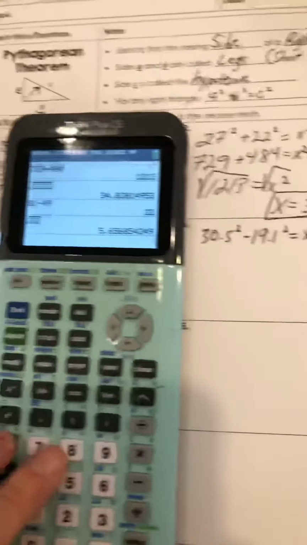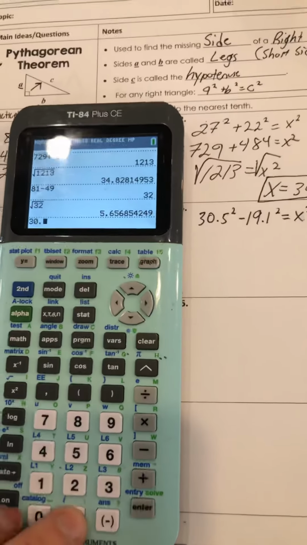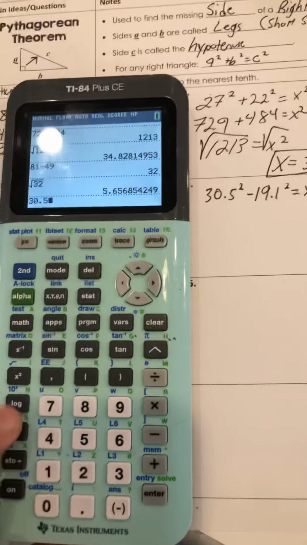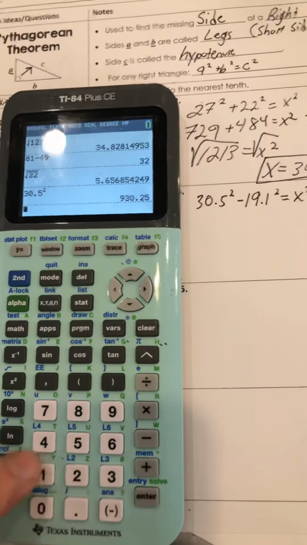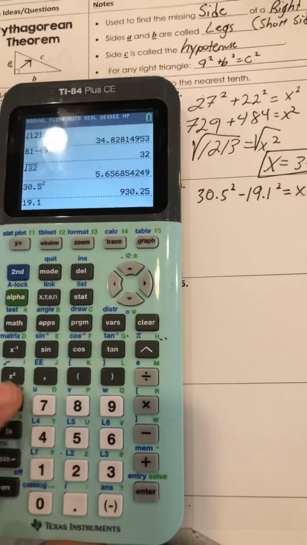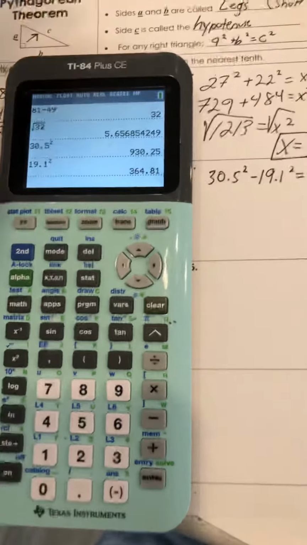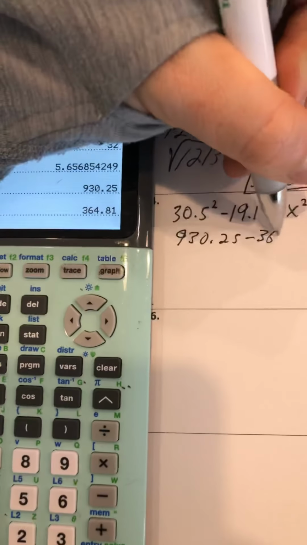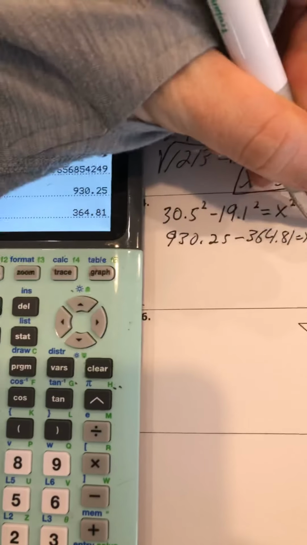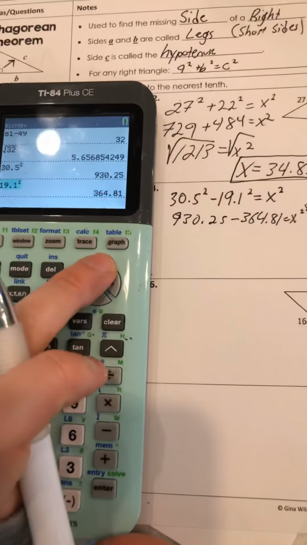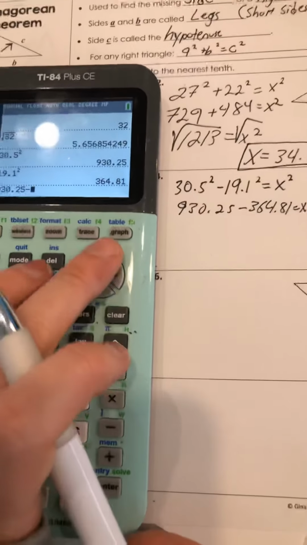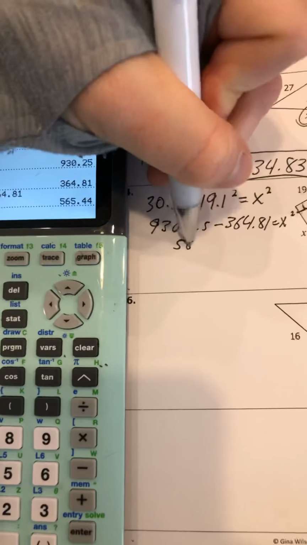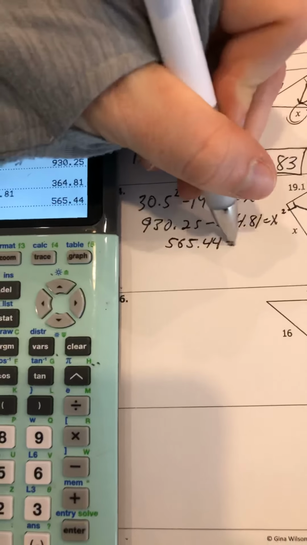I don't know those numbers off the top of my head because there's decimals. 30.5 squared is 930.25, and 19.1 squared is 364.81. So 930.25 minus 364.81 equals 565.44, which is x squared.